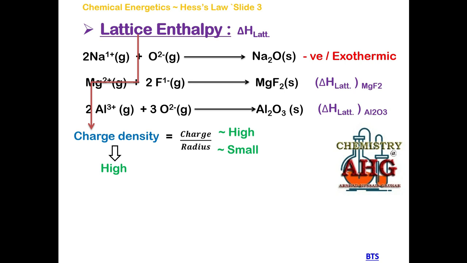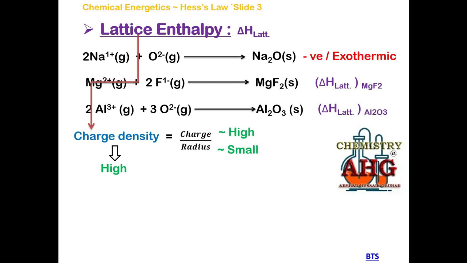For example, if you are talking about a trend, you will say that down the group lattice enthalpy becomes less exothermic. Left to right lattice enthalpy becomes more exothermic, like this. Do not use terms like lattice enthalpy is increasing, lattice enthalpy is decreasing. Got that?